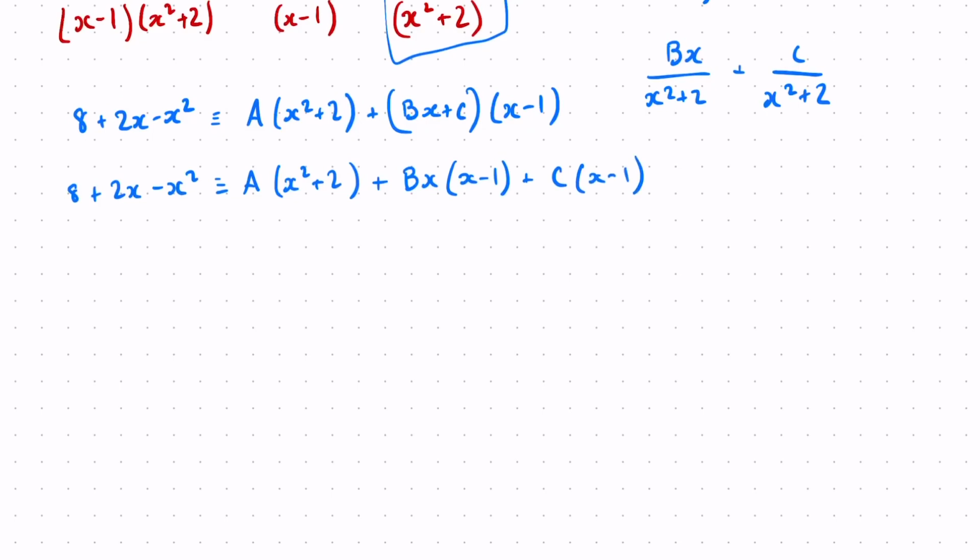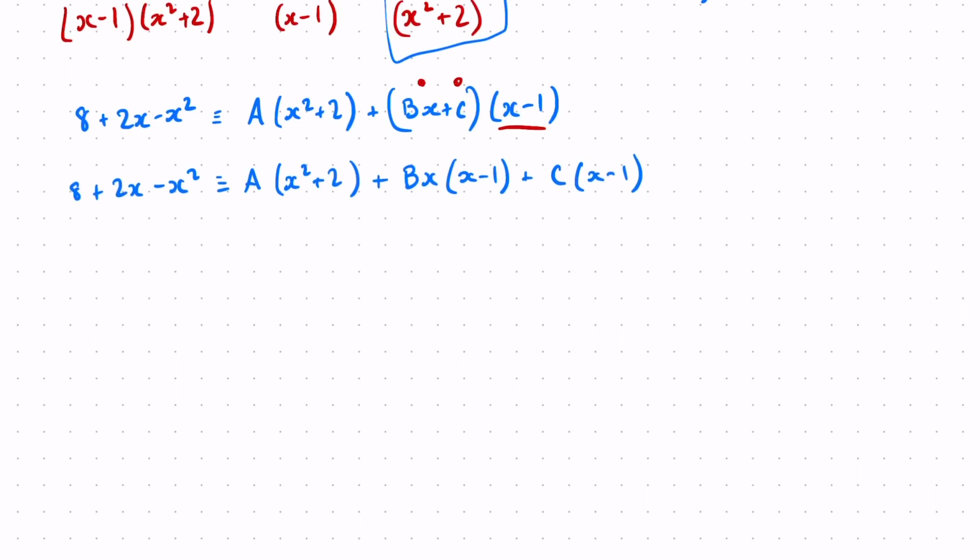Okay, it's also basically saying the expansion of this is bx times the bracket and c times the bracket, without then expanding those brackets. Okay, now that I've done that, I can use this form to find my A's, B's and C's like I did with the previous ones.